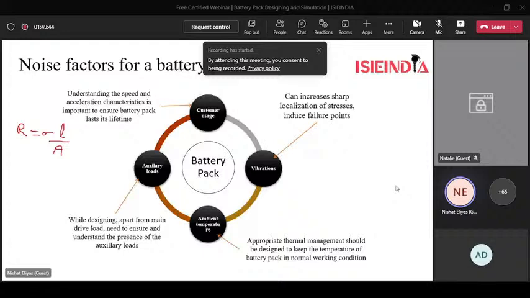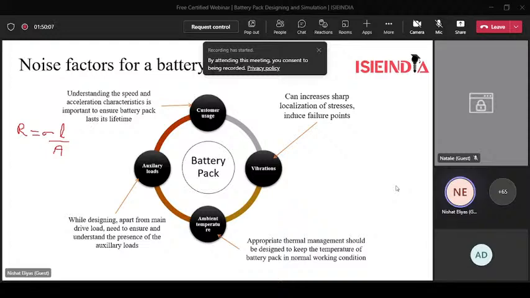When a producer or a company designs a vehicle, there are different kinds of load on the vehicle apart from the primary load, that is the motor or the drive load. There may be the lighting system of the vehicle.